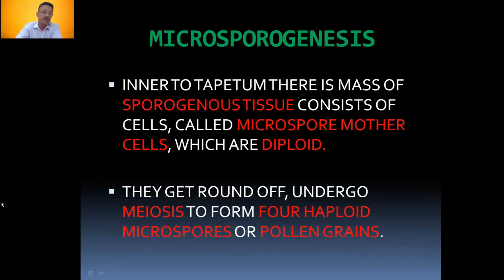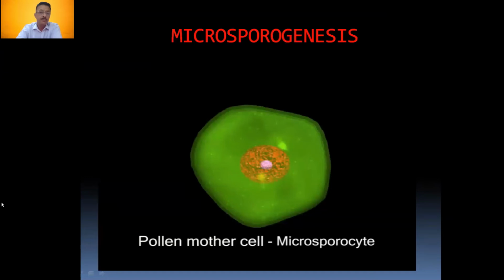Now, how this process occurs, we can look at this PPT. In microsporogenesis, the first cell is the pollen mother cell or microsporocyte. We can call it the microspore mother cell or pollen mother cell. It is diploid in nature.